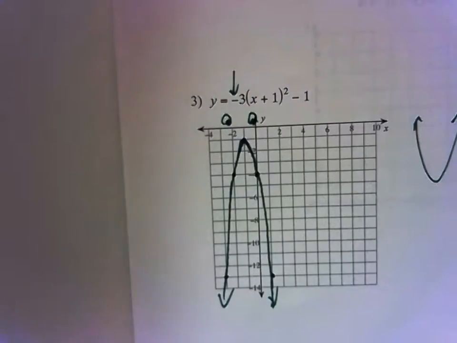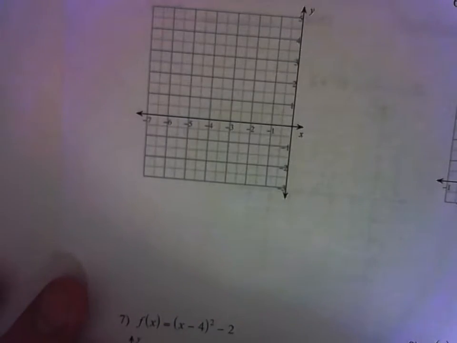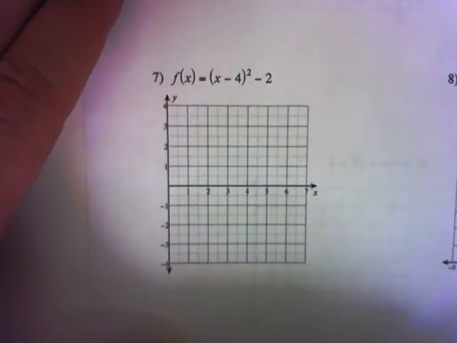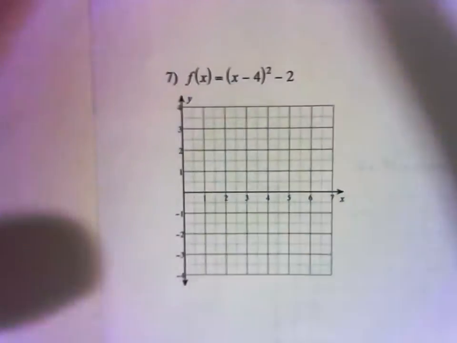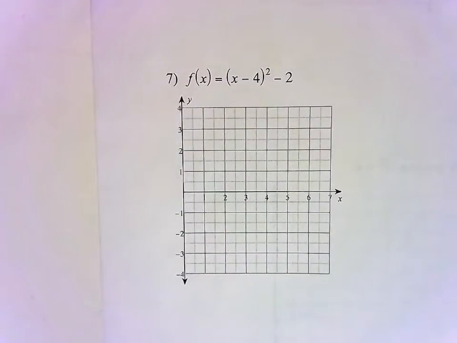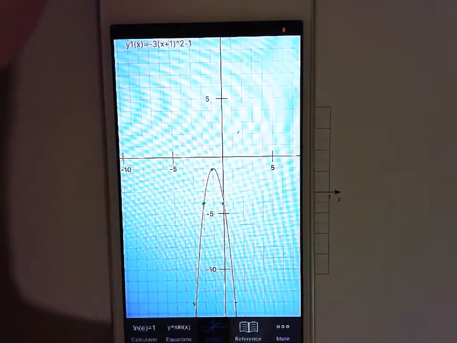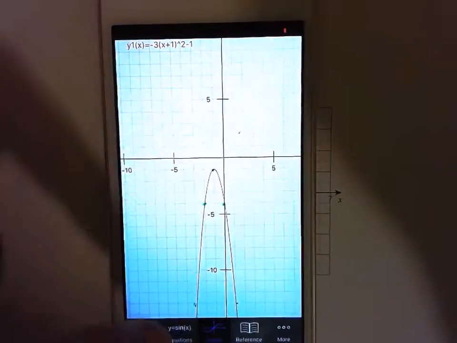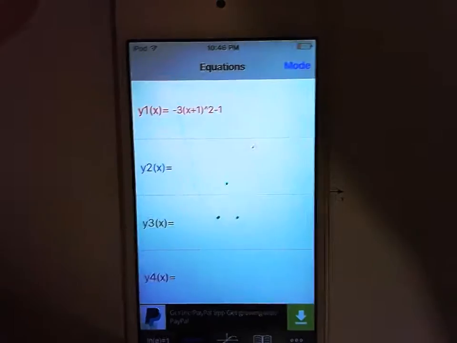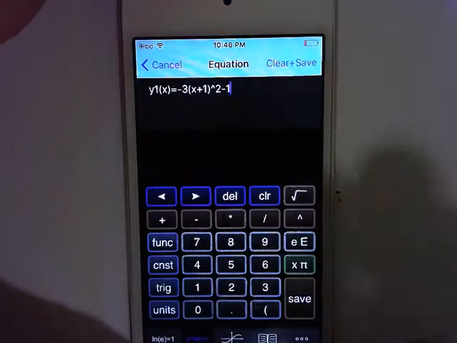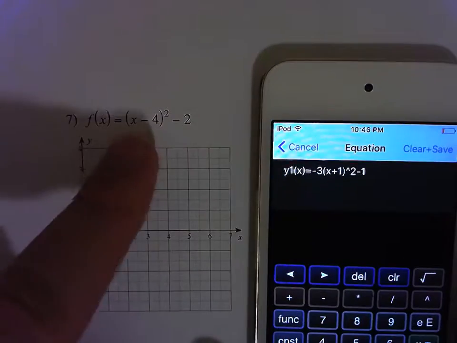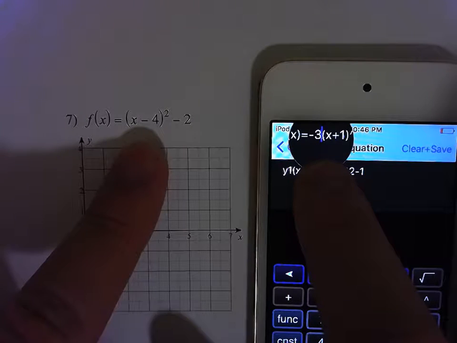Okay, let's do one problem on the back. Which one was? Let's do number 7 here. Okay, so same thing. I'm going to go in my app, go to the equations part, and put in that equation.